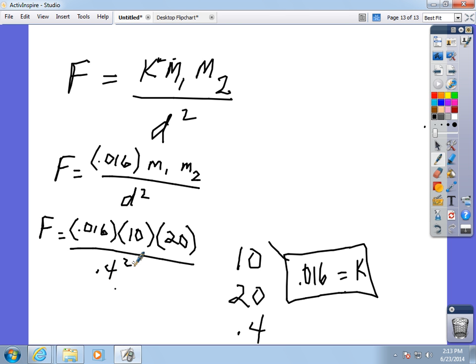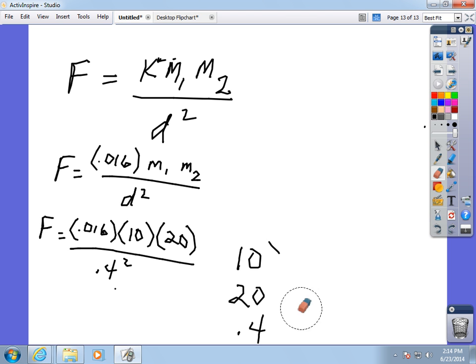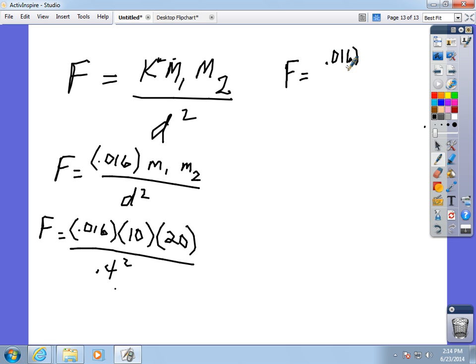Now, I'm going to try to do the top in my head because you've got bases of 10, so you should be able to do it. What's 10 times 20? 200, that's right, class. So F is equal to 0.016 times 200 over 0.4 squared.